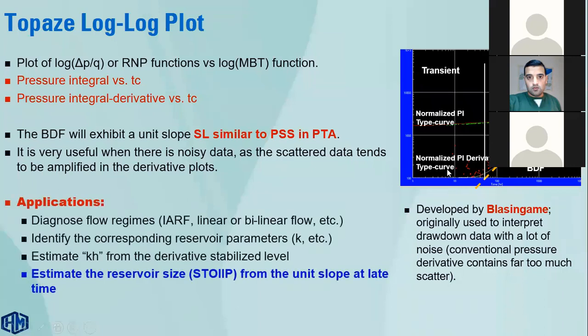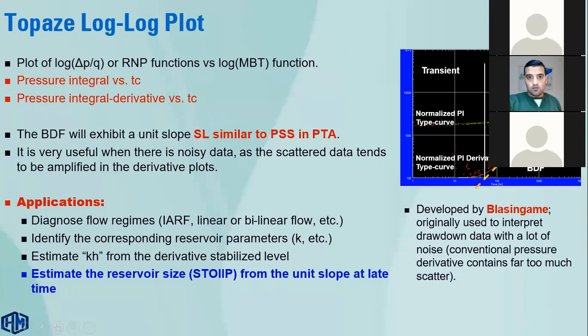What we will do in Kappa is to match our production data on this type curve. As you can see, we have the normalized pressure integral type curve in this green color, and the normalized pressure integral derivative type curve in this red color. Our data is matched using this plot.